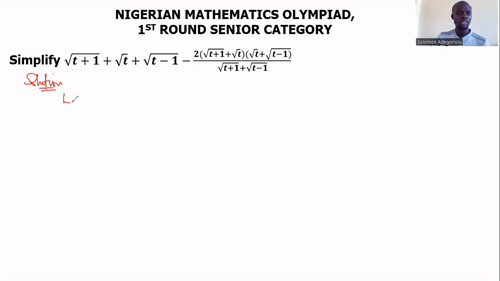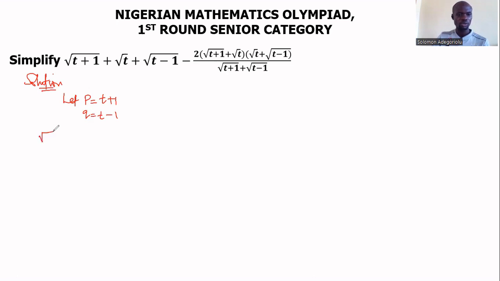Let P equal t plus 1 and Q equal t minus 1. We substitute that in.